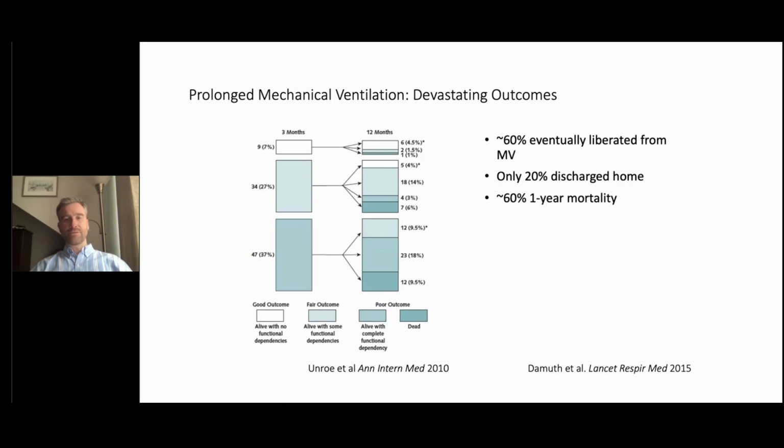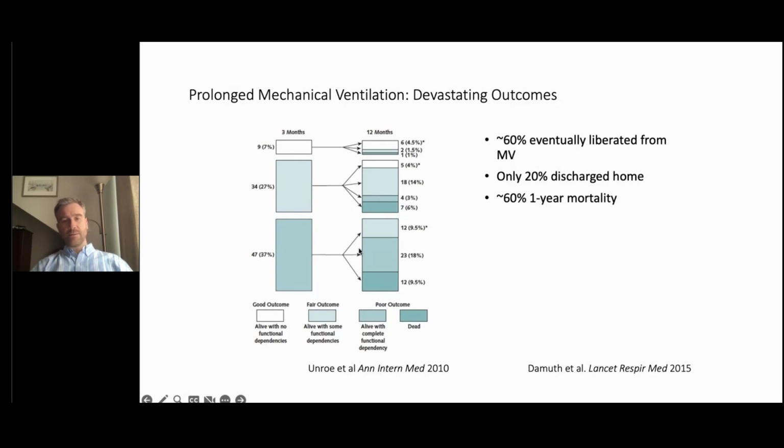One of the important things to understand is that requiring prolonged mechanical ventilation and having prolonged weaning is really a devastating life event. These are older data now, but nevertheless still highly applicable, showing that patients who require prolonged mechanical ventilation, which was defined in this study as 21 days, most of those patients were alive with either complete or some functional dependency, and many of these patients progressed to worsening functional dependency over the ensuing year.